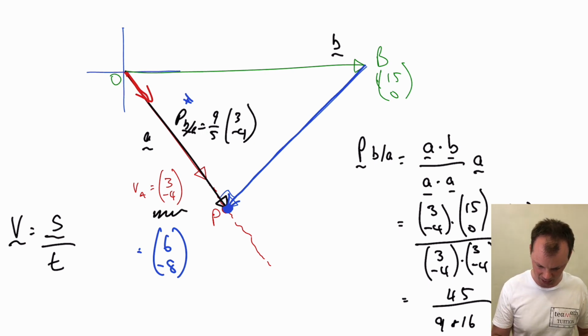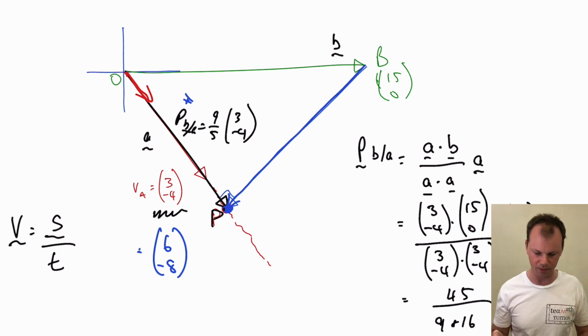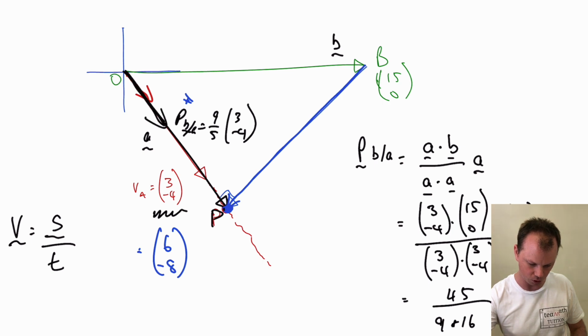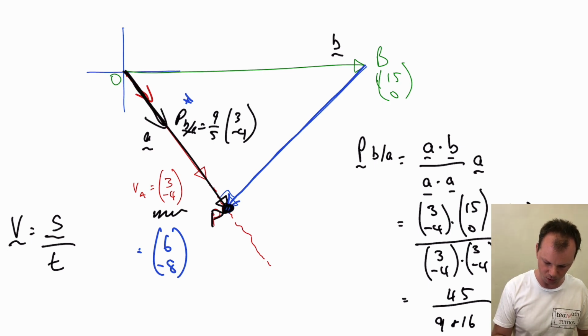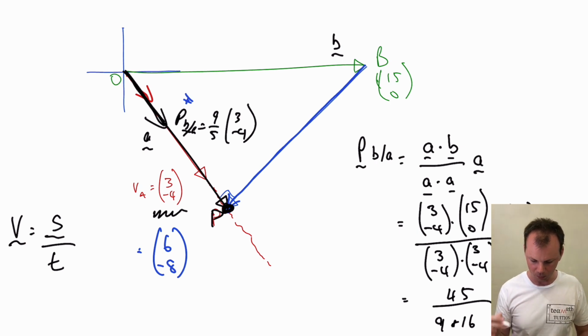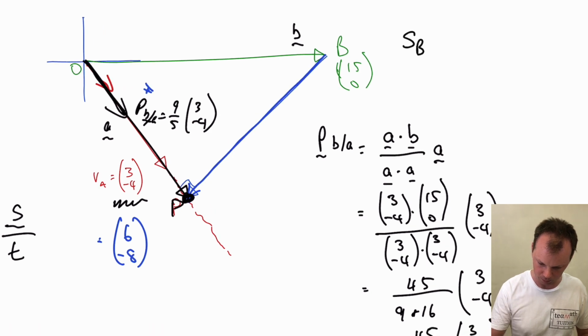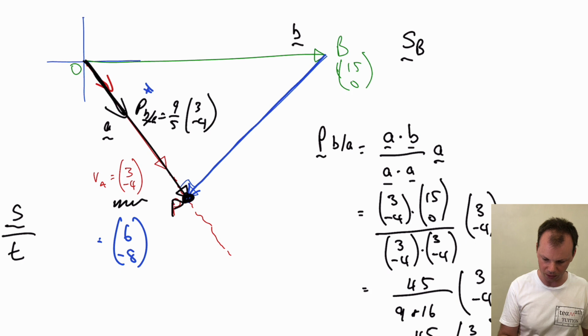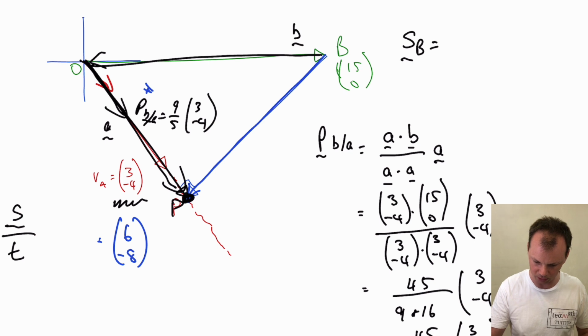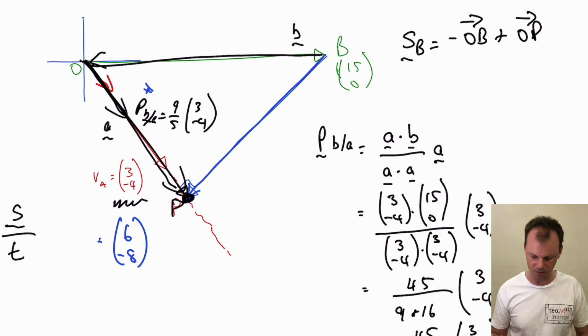We know that they're meeting at point P. So the velocity of A is 3, negative 4, and that's going to meet at this point with vector B. So if we want to know the displacement of B, that's just going here and here. So it's going negative OB plus OP. So that is our displacement.